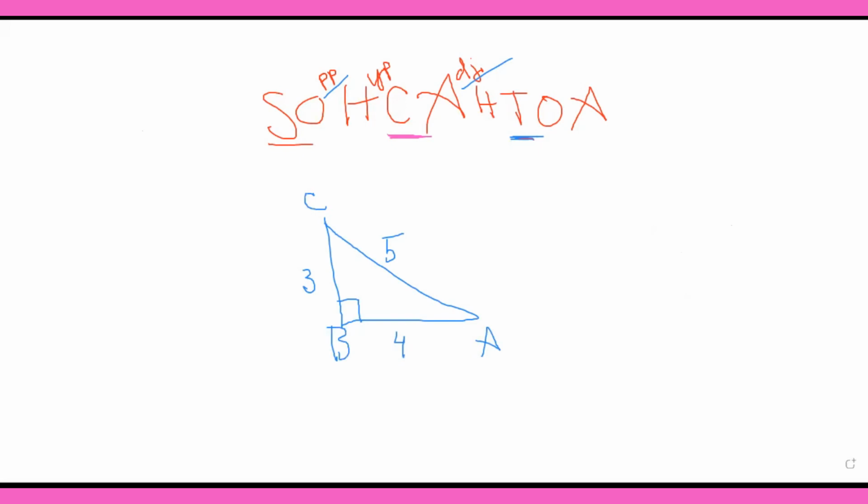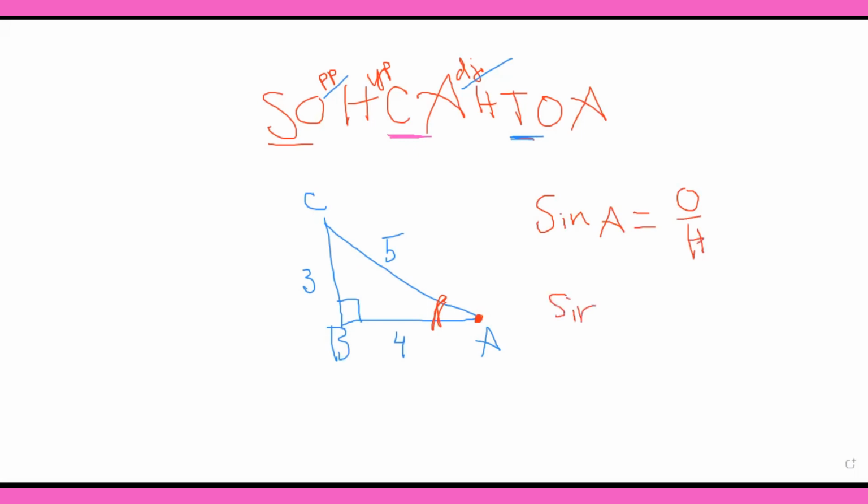So in a 3, 4, 5, that's not a special triangle. Those are some decimal angles there. So let's call this, if we wanted to know the sine, if we said the sine of A, so now our A is down here. If we're sitting at A, the opposite, so sine is opposite over hypotenuse.